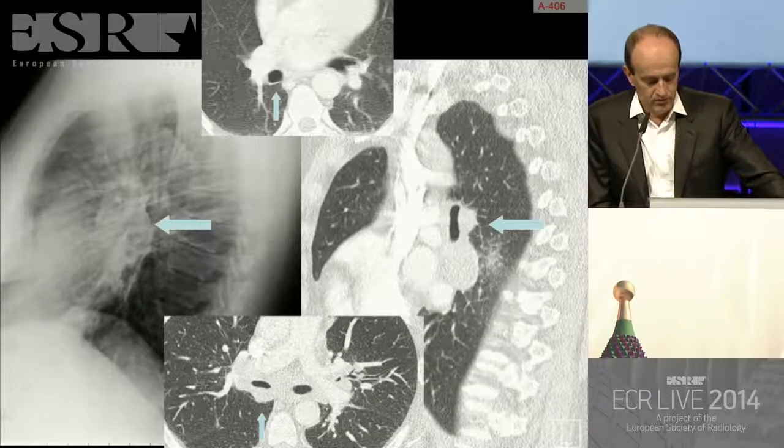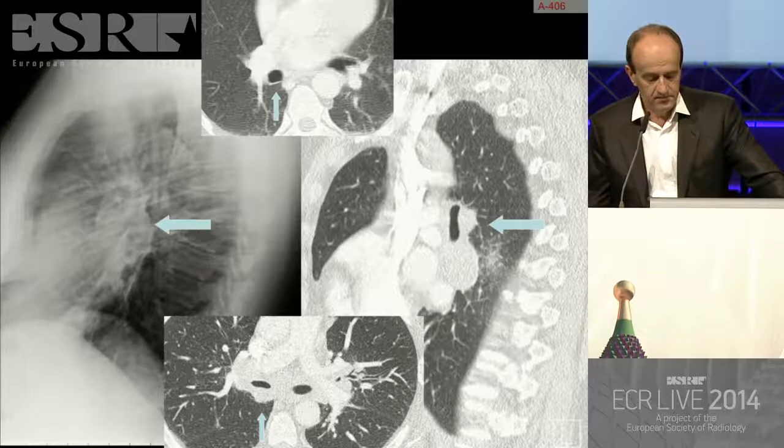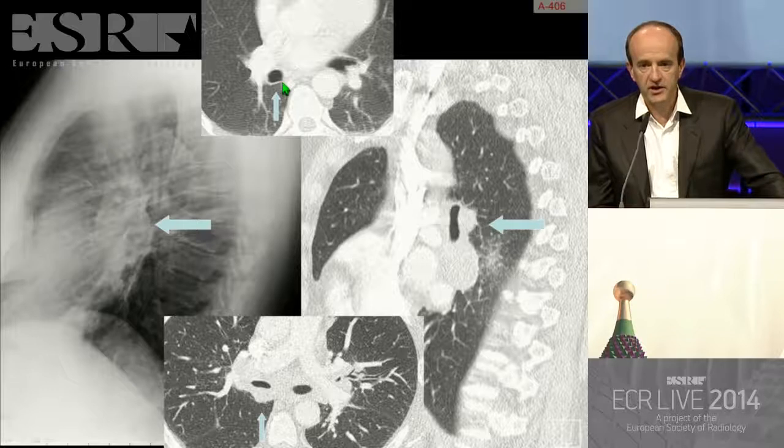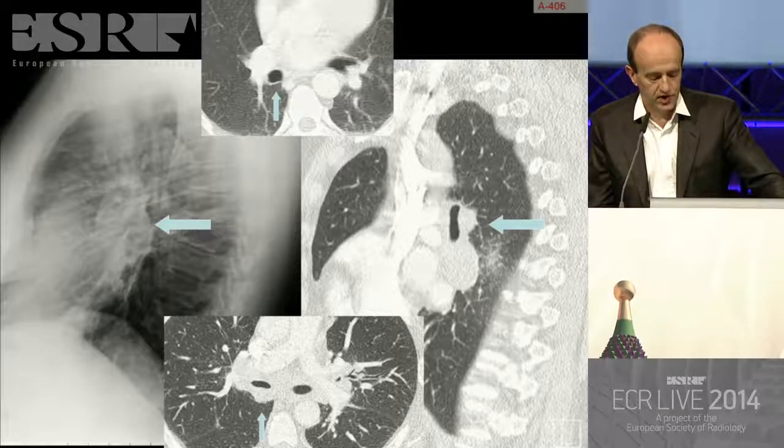On the lateral view, importantly, there is another sign. The normal configuration of the posterior wall of the right intermediate bronchus is a thin line that can normally be detected on the chest radiograph here somewhere as a line.